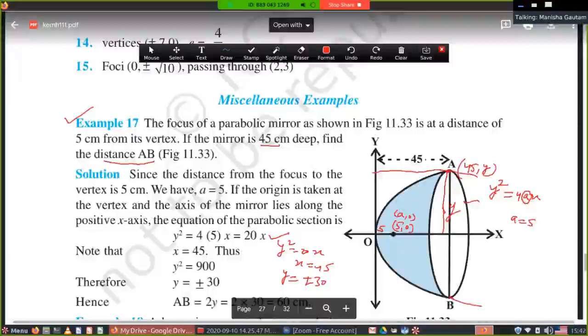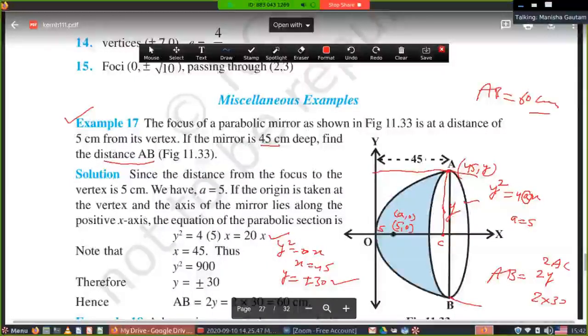It means from A to this point, suppose this is C, here it is not written, AC is equal to 30. I want to calculate AB, and AB is equal to twice of y, or twice of AC. As y is 30, 2 times 30 gives the whole length AB, that is equal to 60 centimeter.